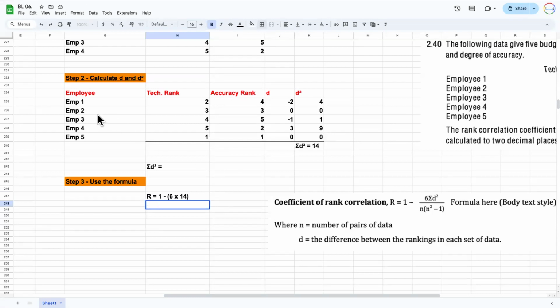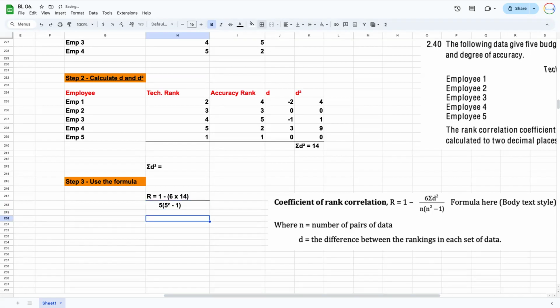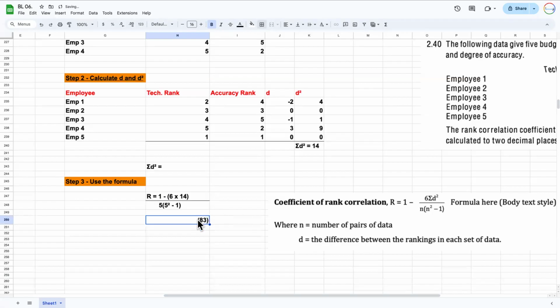N is the number of data we are using, 1 2 3 4 5. We are using 5 people's data here. So 5 into bracket 5 squared take away 1, so you can get a number. So the upper part of the formula is 1 minus 6 into 14, that is giving the answer.